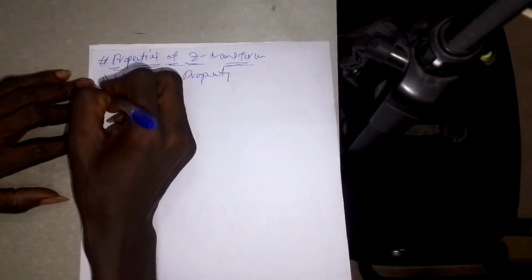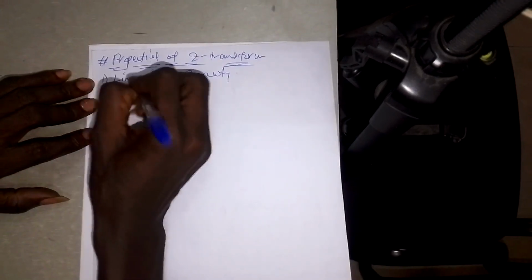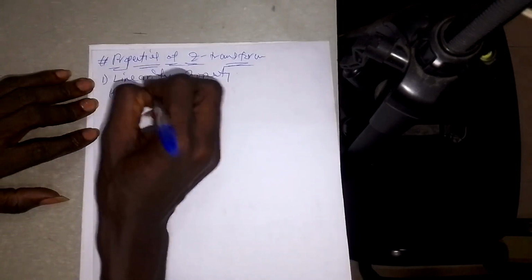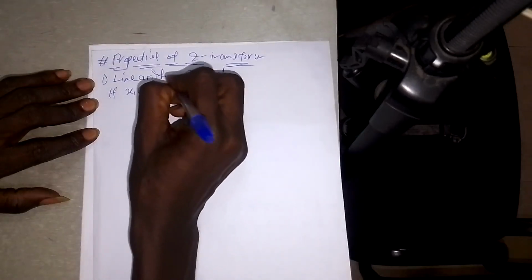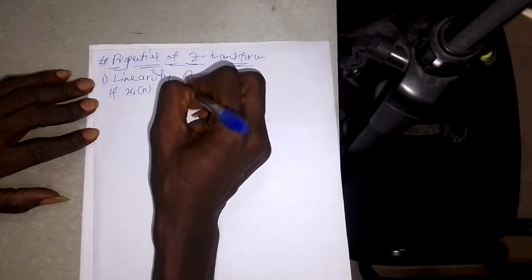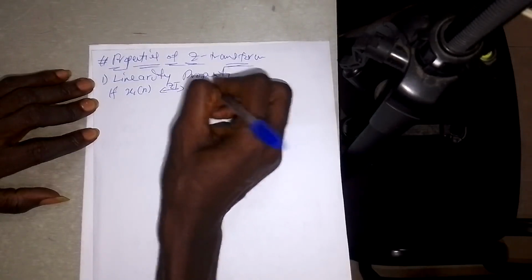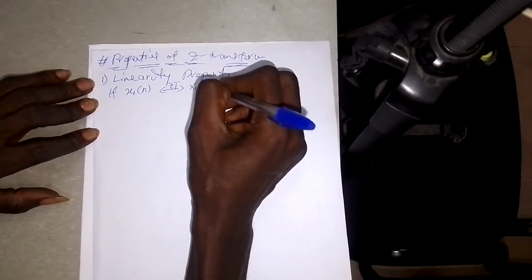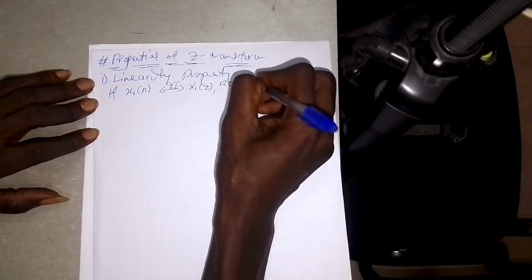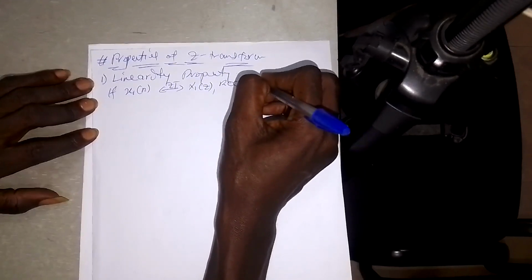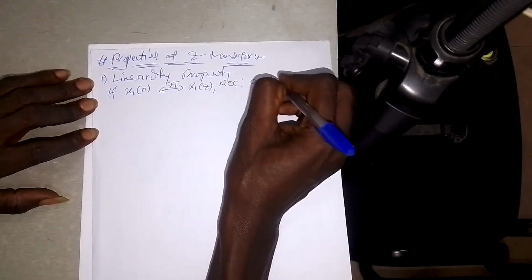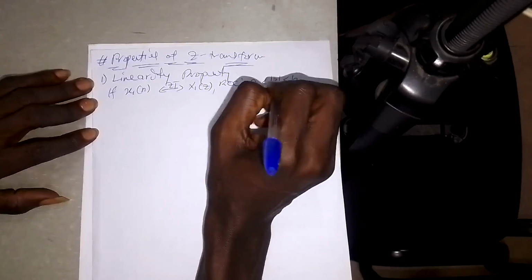Okay, so here, if x1 of n has a Z transform of X1 of Z, and it has an ROC of, let's say, A1 less than mod Z less than, let's say, B1.